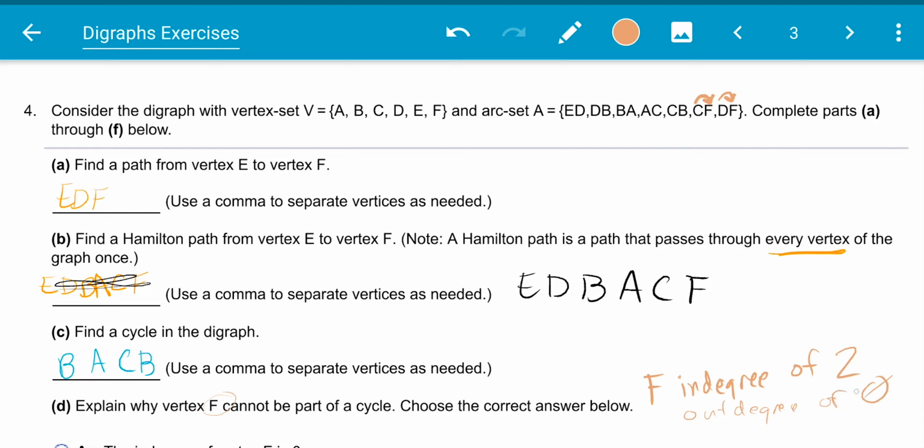The reason it has an out degree of 0 is because you can't go from F anywhere else. You can't go out from F. So because we have an out degree of 0, that means that you're stuck. Once you get there, you can't go anywhere else, there's no way to get out. So that's why it cannot be part of a cycle.